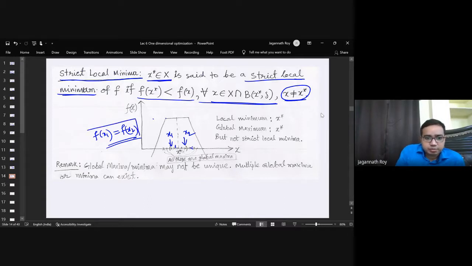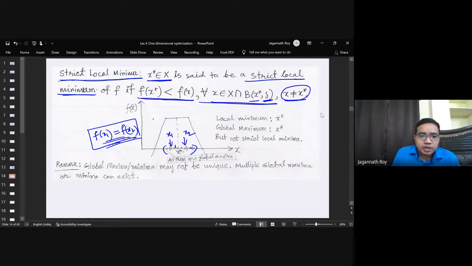Here it is maximum. This relation should hold on the interval, a ball centered at x star of radius delta. But in this case, these two are equal, so this is not a strict local maximum.